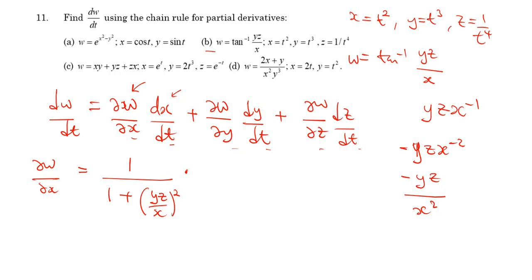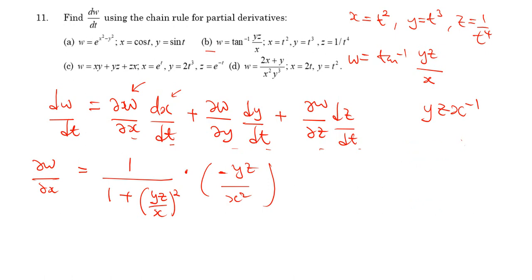So you're multiplying this now by negative yz over x squared. So this is just going to be negative yz over x squared, times 1 plus y squared z squared over x squared.